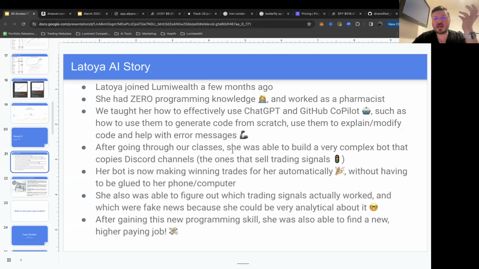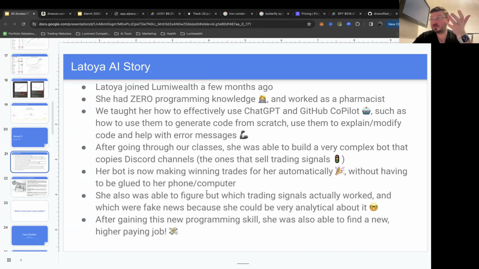But yeah, she built this thing out, and not only is it making her money, but it also helped her get a new job. She told me not too long ago, she applied to some new positions and got a job, not as a pharmacist, but working in an office doing some data analytics for, I think, some sort of medical company. I forget what it was, but she got a huge jump in her salary for learning these skills.